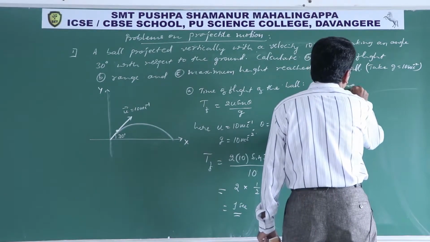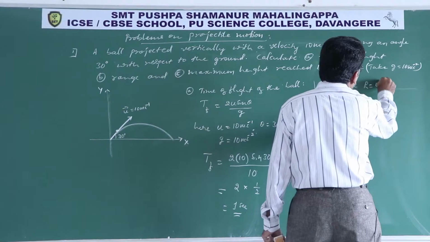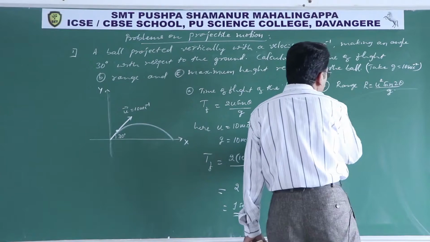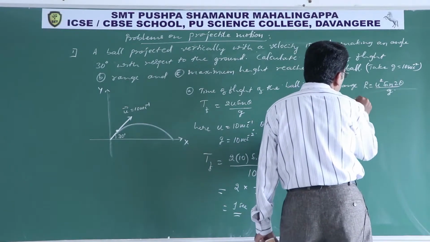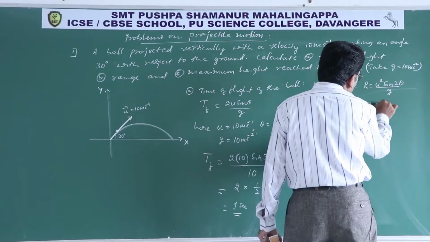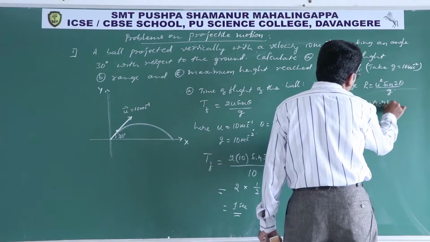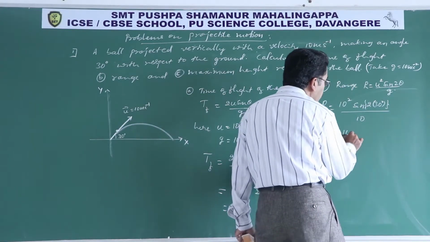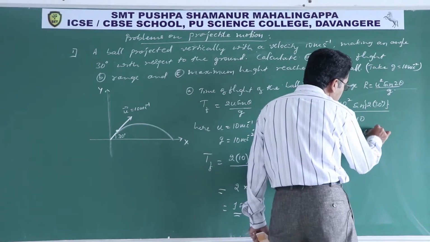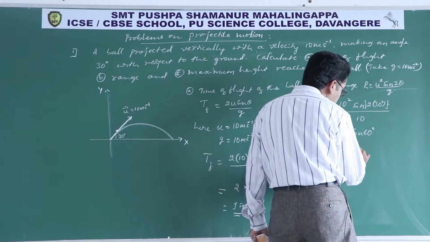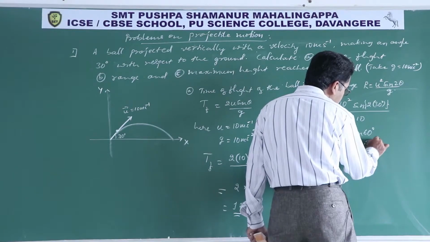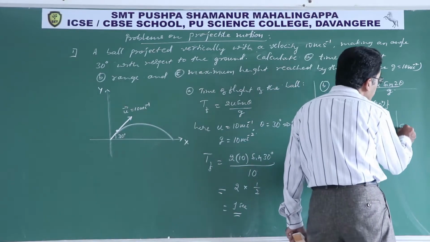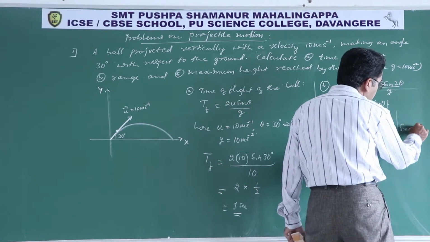Range is given by R is equal to u square sin 2 theta divided by g. R is equal to u is 10 square, sin 2 into 30 degree, divided by 10. This is 10 into sin 60. Sin 60 is root 3 by 2.